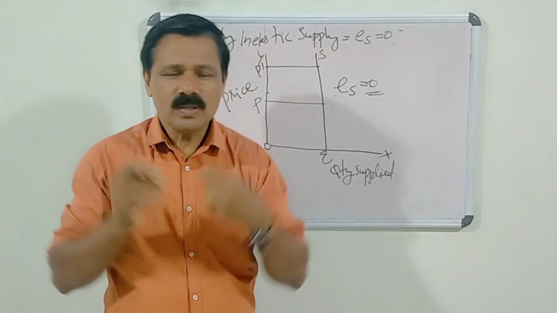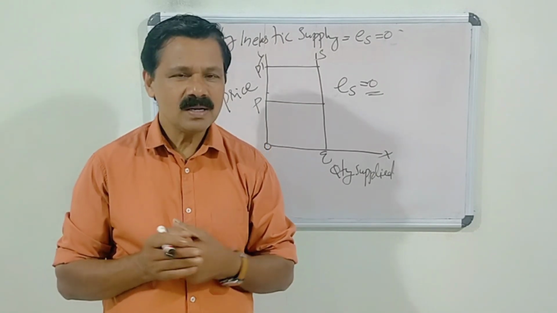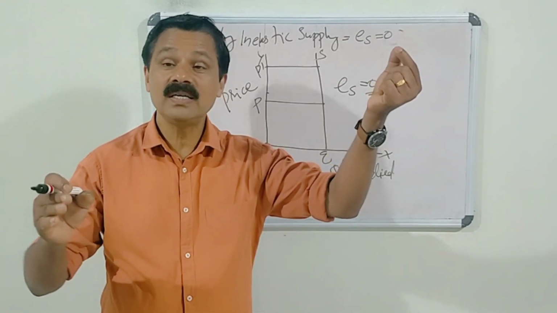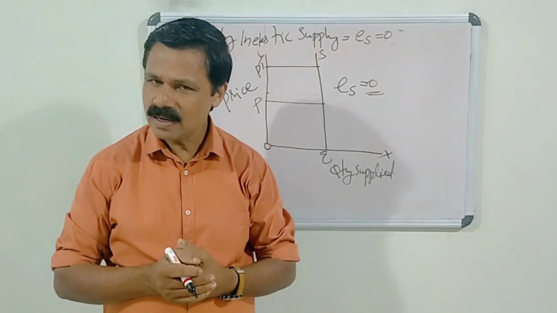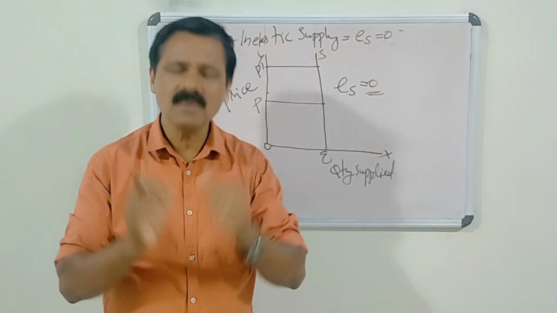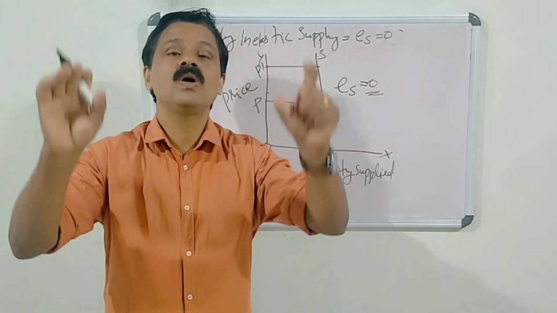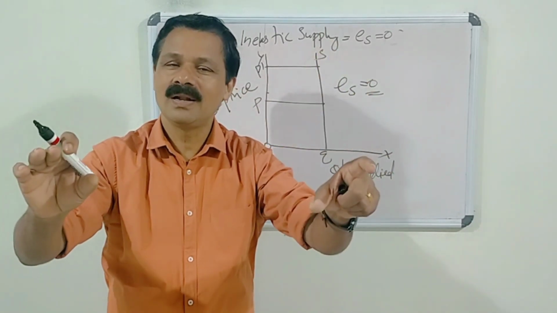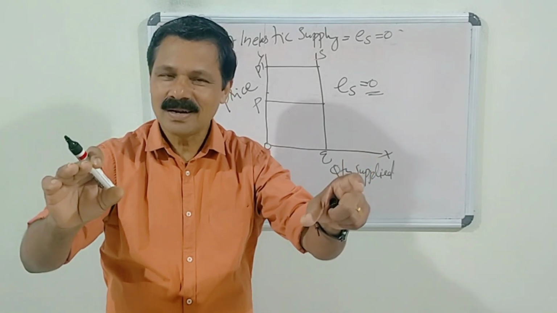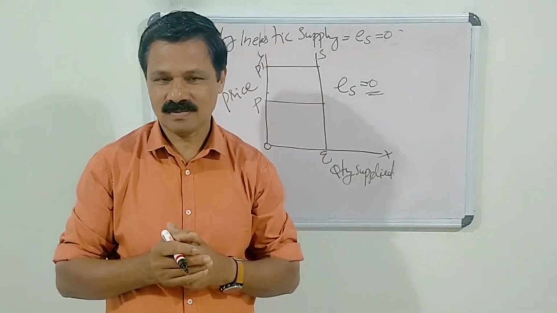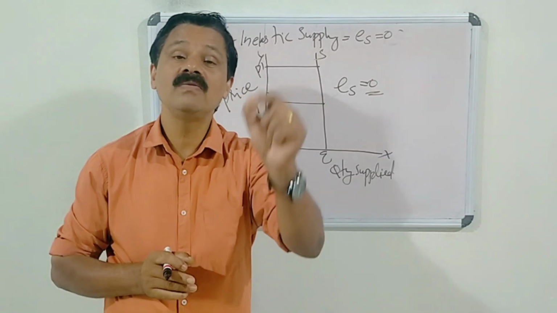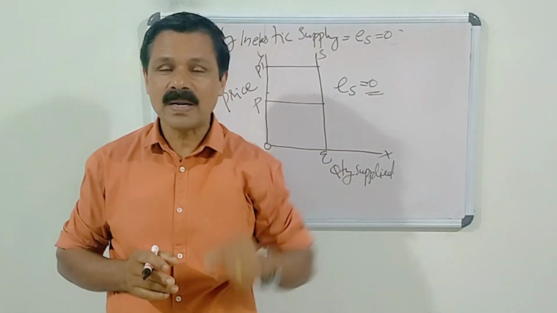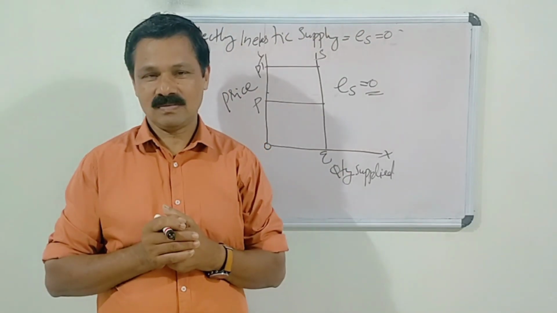We all know that as and when price rises, quantity supplied will also rise. That is what is called the law of supply. More and more quantity will be supplied or offered for sale when price rises, or a large quantity will be supplied at a higher price than at a lower price.